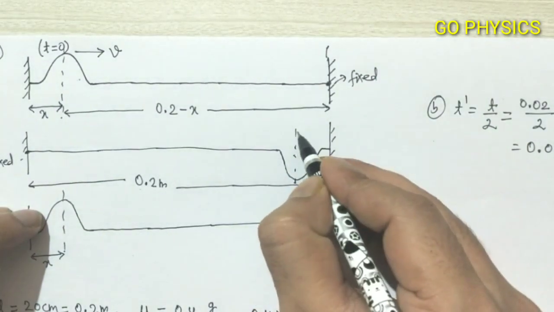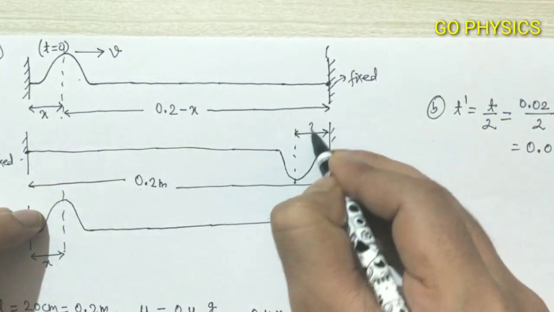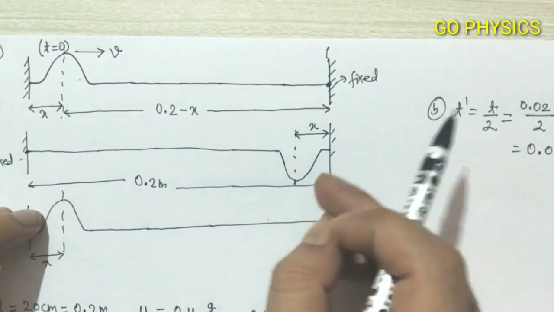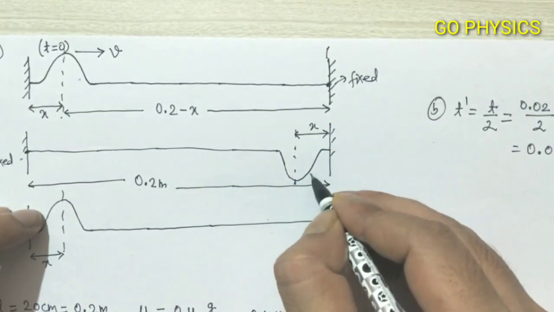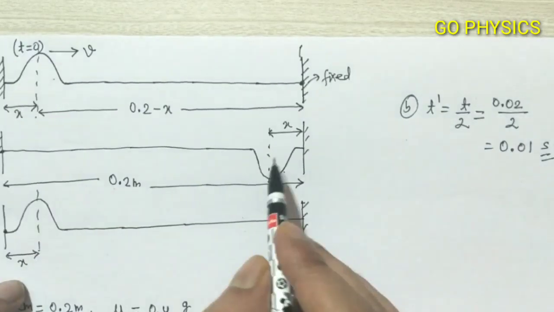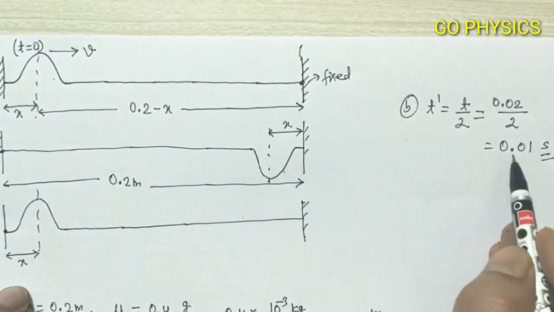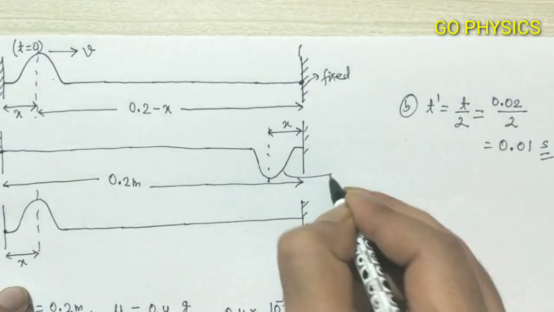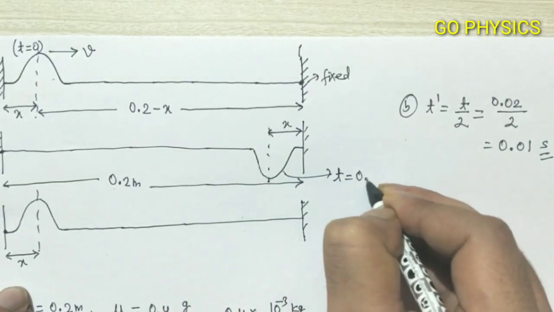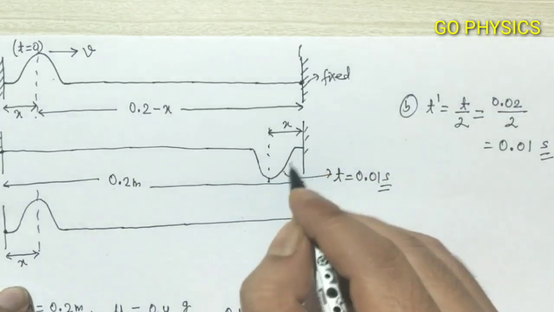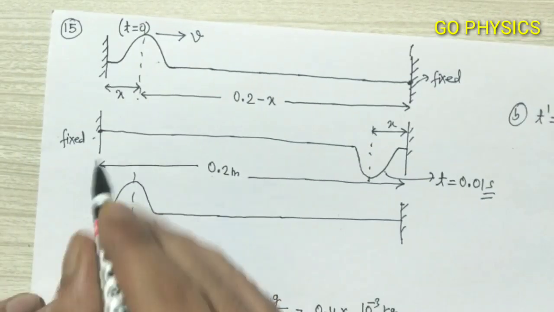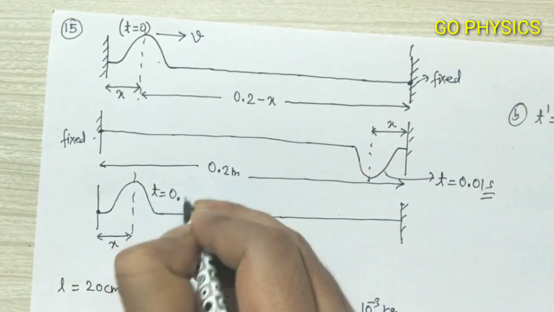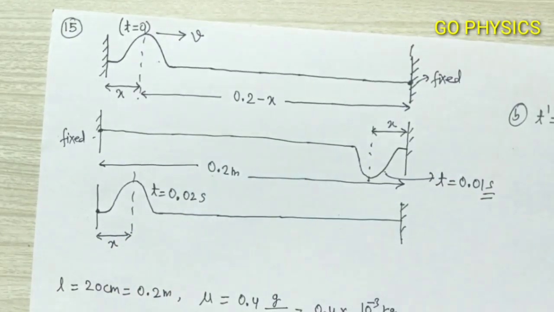So this distance is again our x. So the pulse will be at this location at 0.01 second. So this will be the shape of the string at t equal to 0.01 second, or the pulse will be at this location at 0.01 second, and the pulse will be here at t equal to 0.02 second.